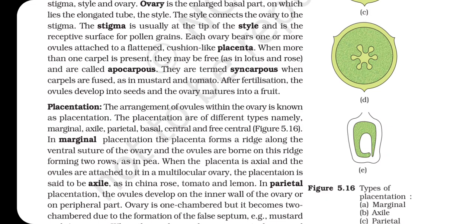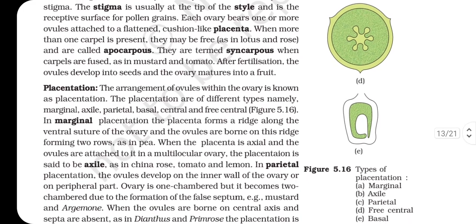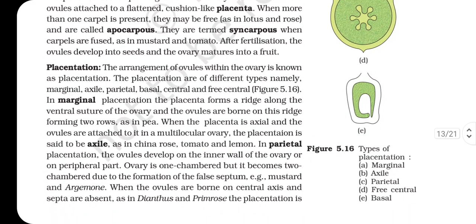In marginal placentation, the placenta forms a ridge along the ventral suture of the ovary, and the ovules are borne on this ridge, forming two rows. When the placenta is axile and the ovules are attached to it in a multilocular ovary, the placentation is said to be axile, as in China rose, tomato, and lemon.